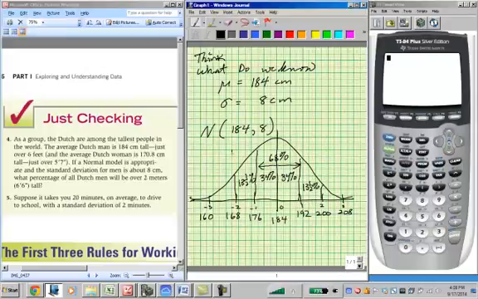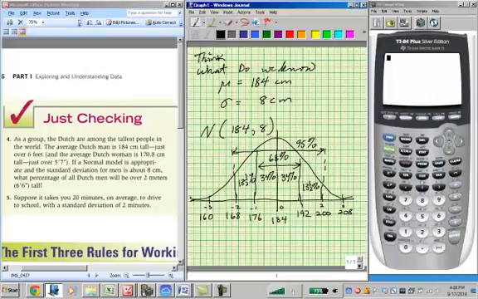If you add up all 4 of these partitions, from -2 to +2 standard deviations, 13.5 plus 13.5 is 27, plus 68, is 95%. So approximately 95% of Dutch men are between 168 and 200 centimeters tall, or between -2 and +2 standard deviations.